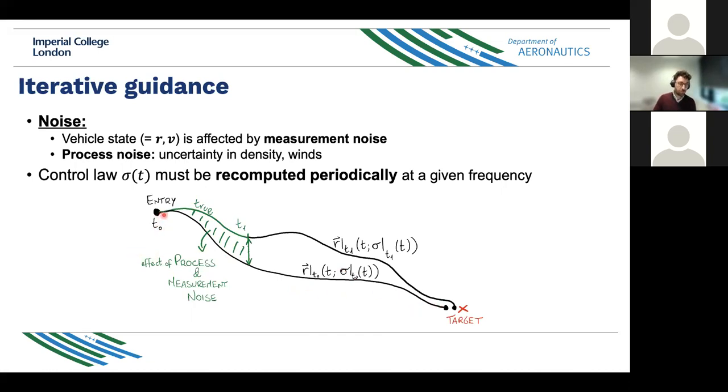However, since we don't have perfect knowledge on board the spacecraft, eventually our true trajectory will deviate from our initially computed trajectory. And after a certain time, we will need to recompute the control history so that we get closer to the target. And this is essentially how guidance algorithms work on current spacecraft.